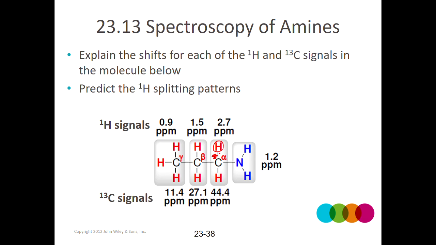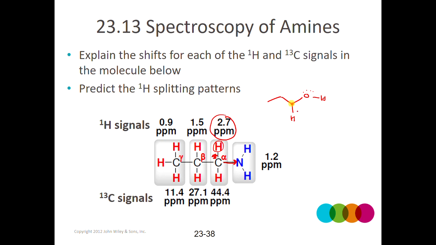They're all going to give the same exact signal, and the shift for that signal is going to depend on that environment. And so if the nitrogen is here directly connected to the same carbon, that's going to cause a significant de-shielding of that proton. Not nearly as much as oxygen. So let's just compare. Let's say we have 3 carbons and an oxygen.